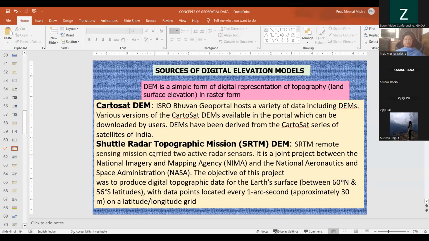The next source wherein you can download DEMs is the Shuttle Radar Topography Mission, that is SRTM.